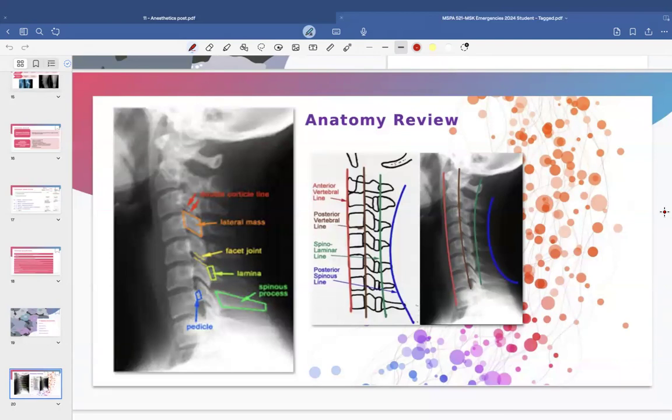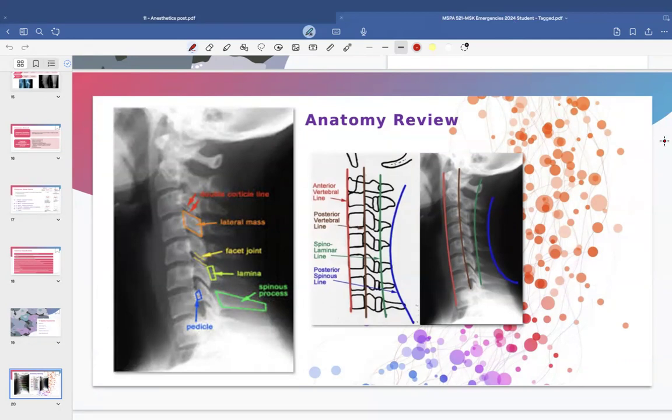I usually look first to see if the bones are aligned. There are different lines that radiology calls, like the posterior vertebral line, running through the back where your posterior longitudinal ligament runs. That's really important when you're thinking of stable versus unstable fractures, because if you have displacement in the posterior component or issues in the posterior areas, you're going to have an unstable fracture.